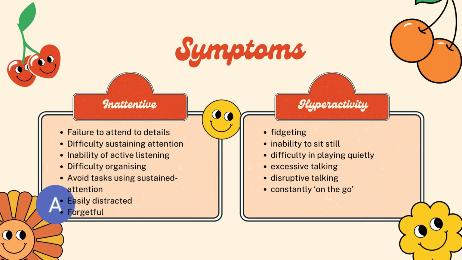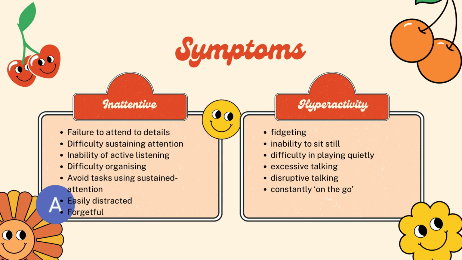They would also show an excessiveness in talking. They either talk too much, talk too loud, or talk non-stop, despite being asked to stop. And this would also lead to the next symptom of disruptive talking. Because of their inability to stop, they tend to disrupt other people and interrupt the conversation that is ongoing because they have to say their piece.